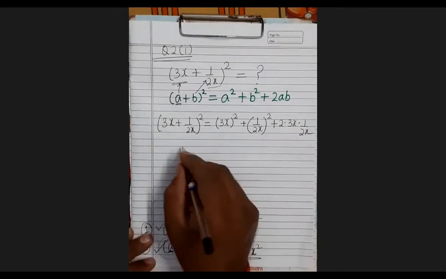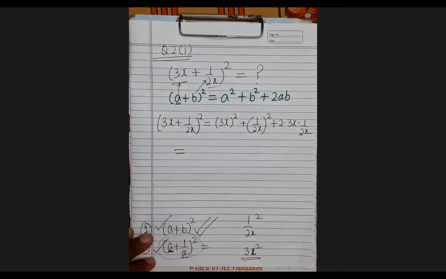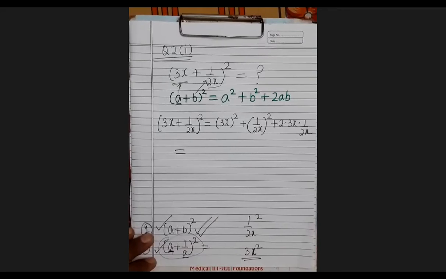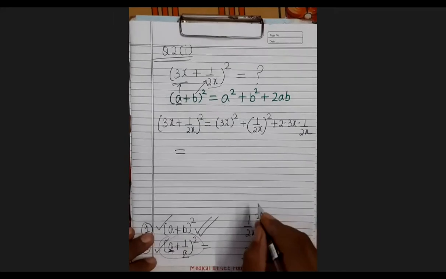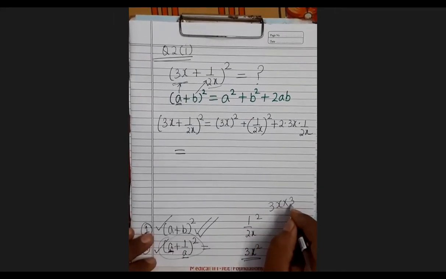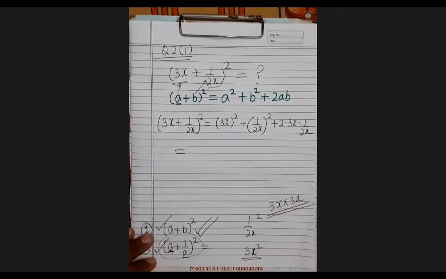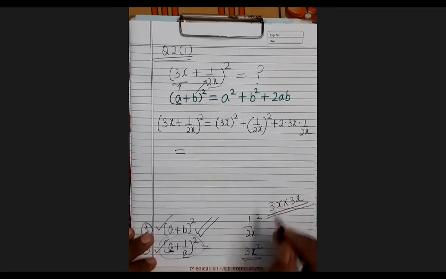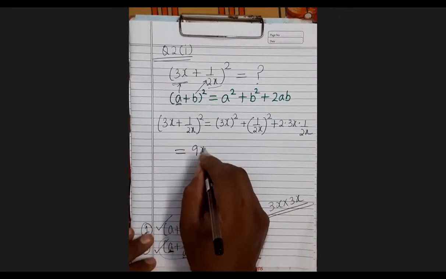Simplify. What will be 3x whole square? Apurva. 9x square. Whole square means you have to multiply the same thing 2 times. 3 3s are 9, x into x, 9x square.